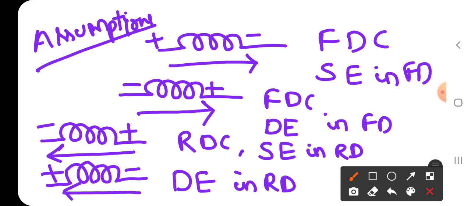If you observe these four figures, when the current flows from positive to negative, it is storing energy. When the current flows from negative to positive, it is discharging energy. Okay.